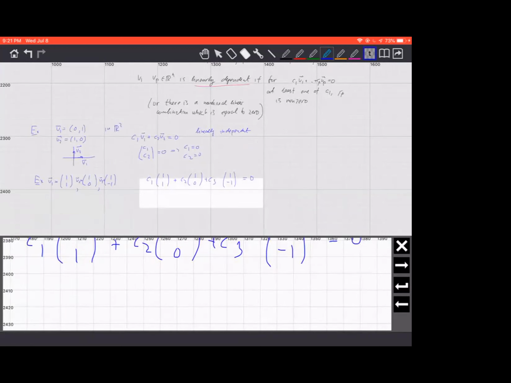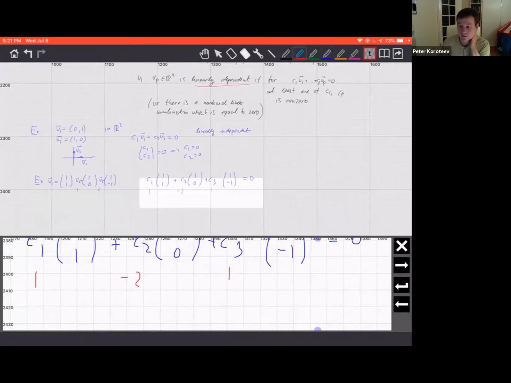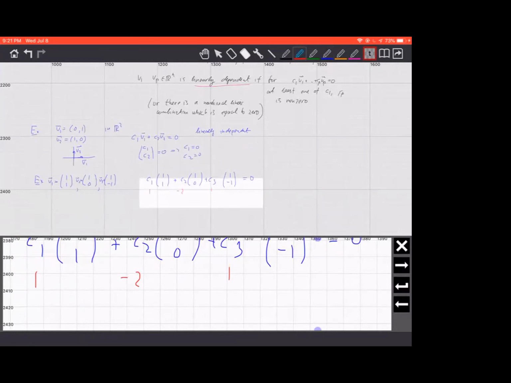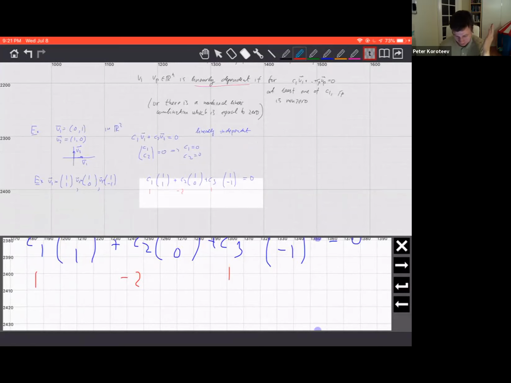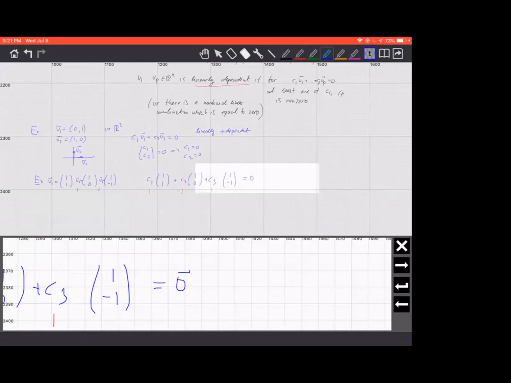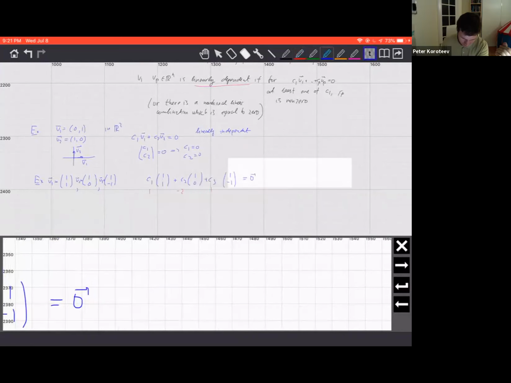So C1 and C3 are 1, and C2 is -2. Do you agree, Sophie? Yeah, I agree. So this is an example of a non-trivial linear combination of 3 vectors in R2 which is the 0 vector, and therefore these 3 vectors are linearly dependent.